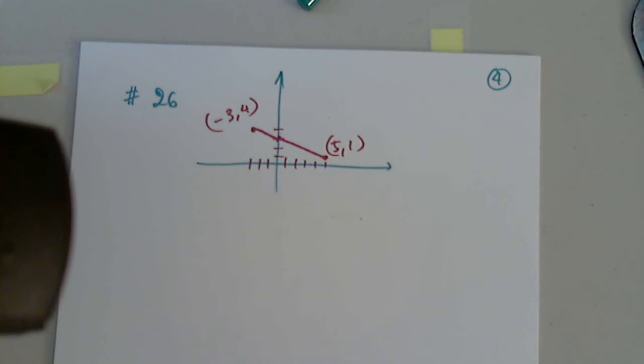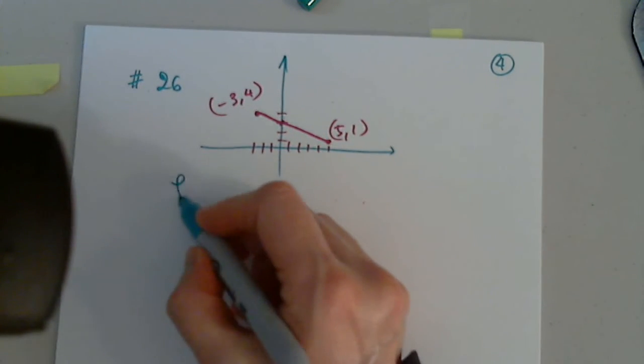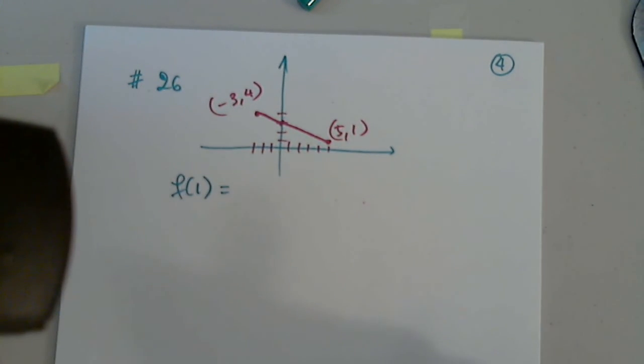Very good. Is this a function? Why? Michelle said yes. It passes the vertical line test. Very good. We're asked to find f of 1. What is given in this question? Amanda?